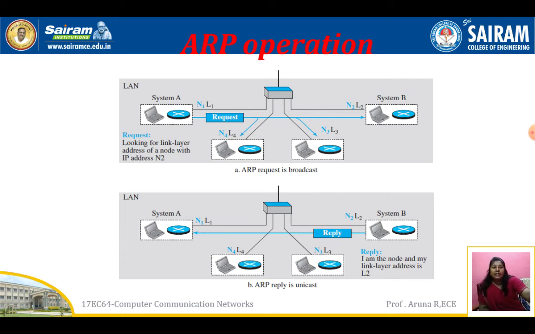So it will clearly understand that system B belongs to link 2, that is N2. Here you can see the request is looking for the link layer address of the node with IP address N2. Whichever node has the N2 address gets the request, and it got a reply from L2, that is, it belongs to link L2. So this is how ARP sends the request and gets the reply from the systems in the LAN.